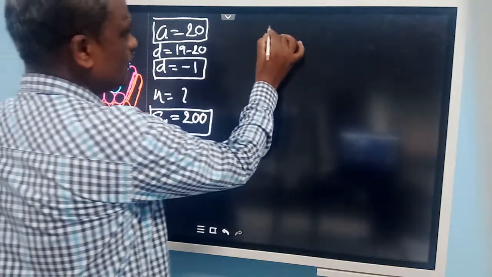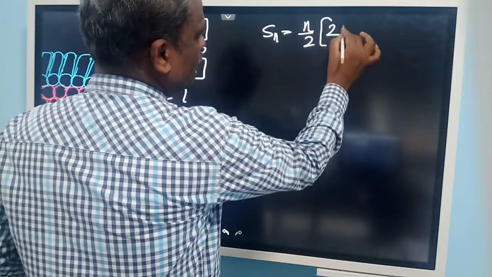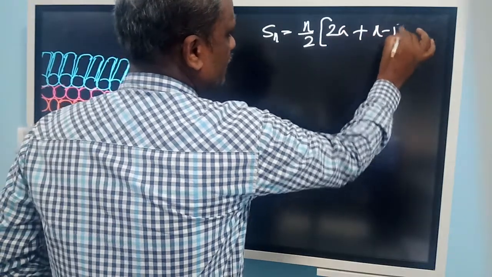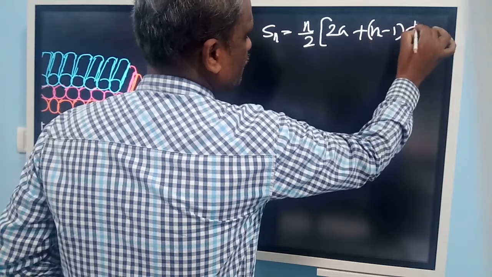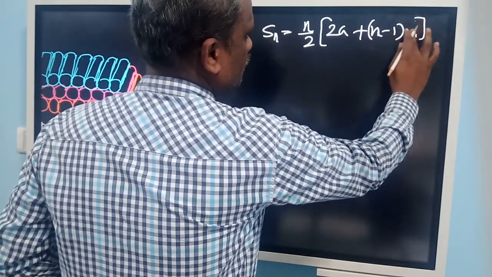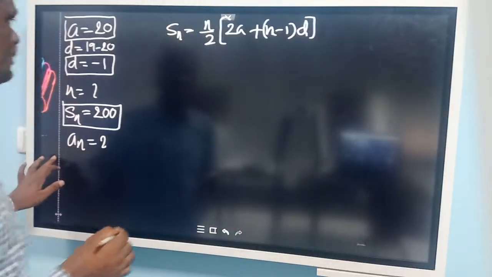So let us use the formula: Sn is equal to n by 2 into (2a plus (n minus 1) into d). So this is the formula. Let us substitute the values now.